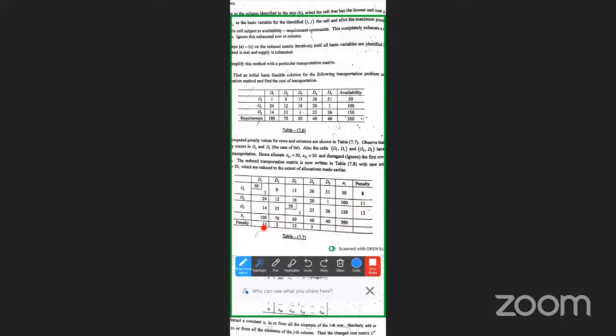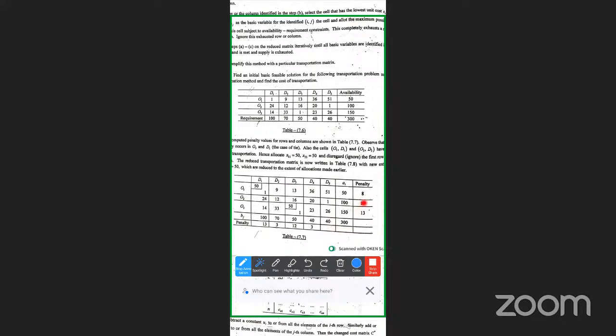So 14 minus 1, so 13 is the penalty. The second column least element is 9 and the second least element is 12, so 12 minus 9 equals 3. In the third column, the first least element is 1 and the second least element is 13, so 13 minus 1 equals 12. In the fourth column, the first least element is 20 and the second least element is 23, so 23 minus 20 equals 3. In the fifth column, the first least element is 1 and the second least element is 26, so the penalty is 25.